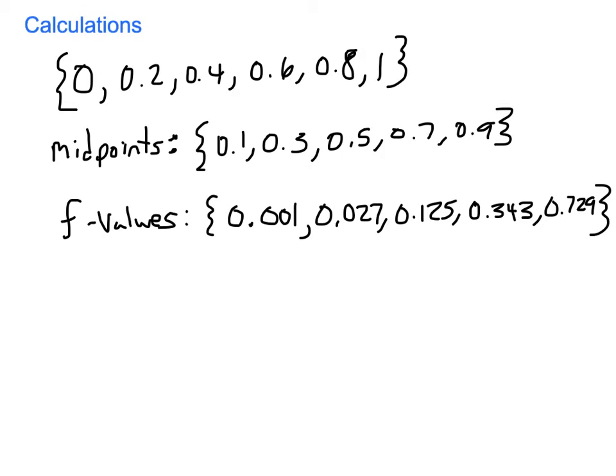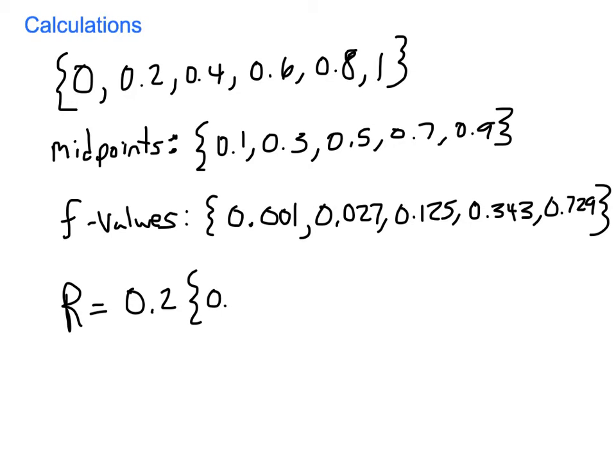So if we want to compute a Riemann sum, we're going to take each of these f values and multiply them by our width, which was 0.2. So our sum, which I'll just call capital R, is going to be the product of 0.2, which is the width, times the sum of all the heights.